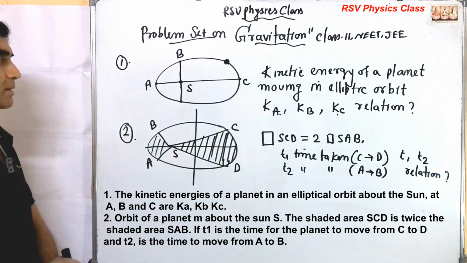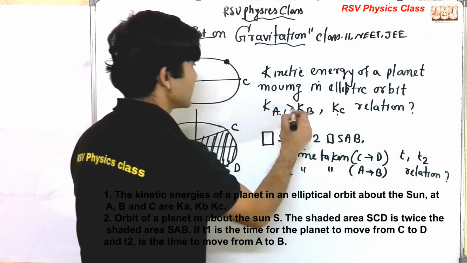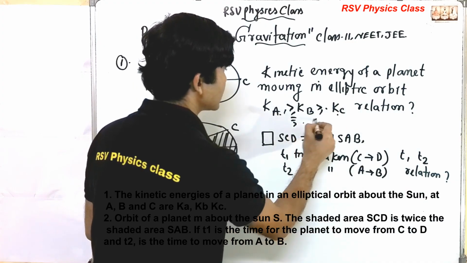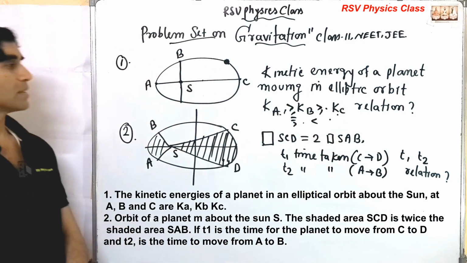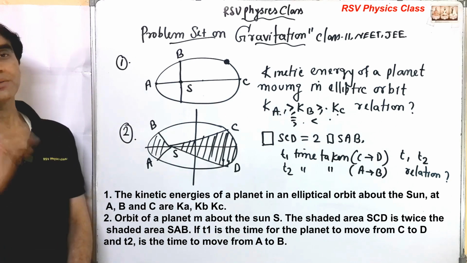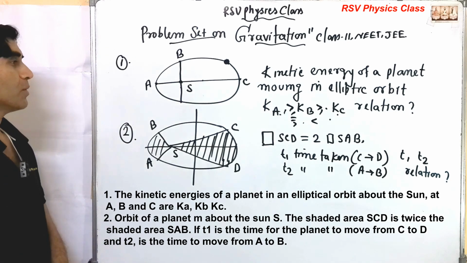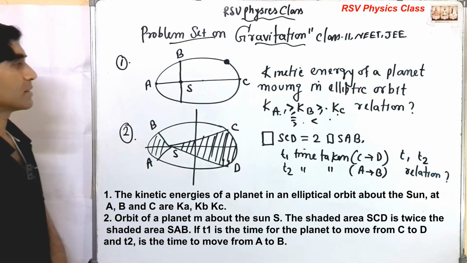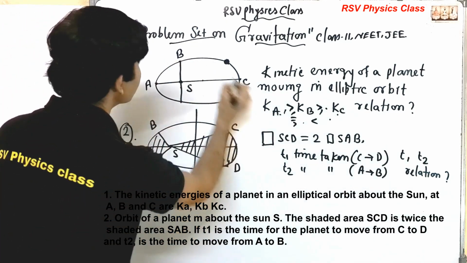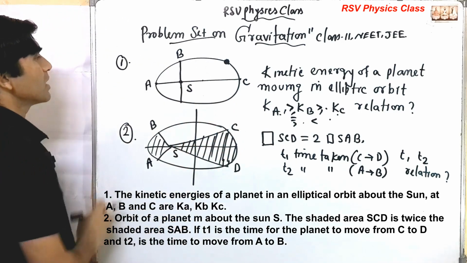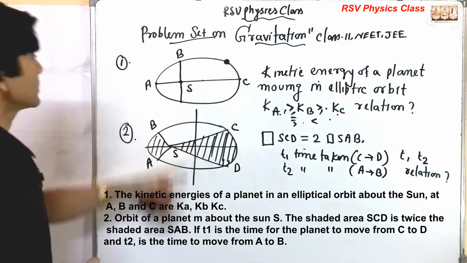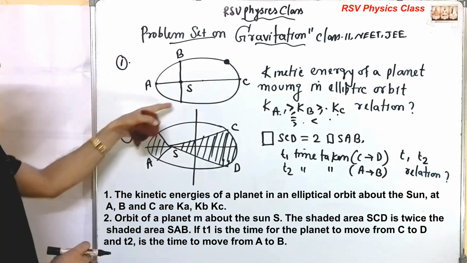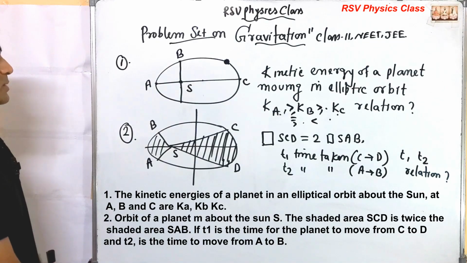Whether K is greater than, equal to, or less than, what is the relationship between them? That I have to find. Since Kepler's law, you know the angular momentum is conserved. This is a conservative force field and a central force, right? So in a central force field, angular momentum will be conserved.